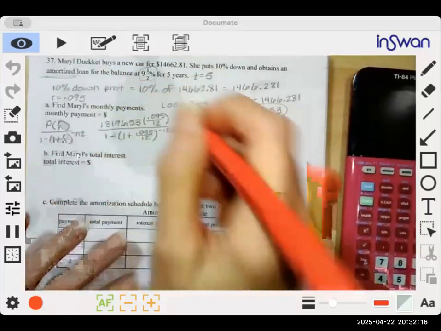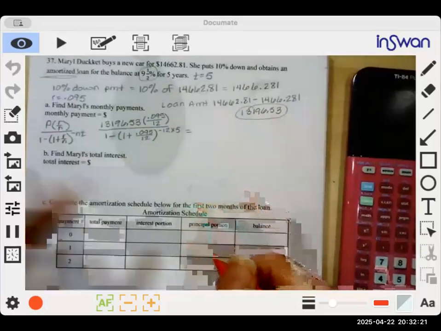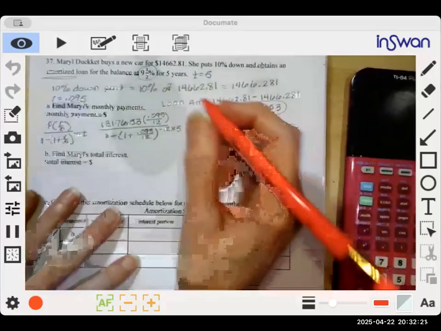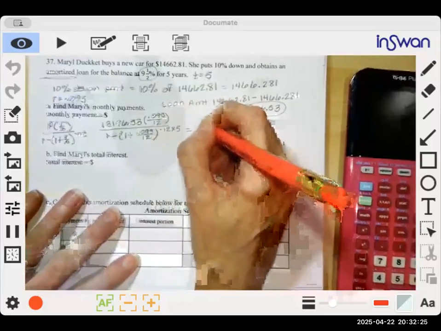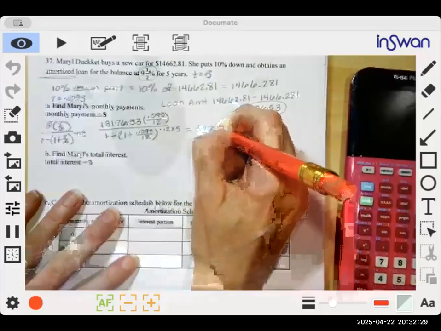Okay, plugging that all in, and we'll plug that into the Desmos calculator after we do this amortization table. Plugging that in and rounding, we'll get 277.15.